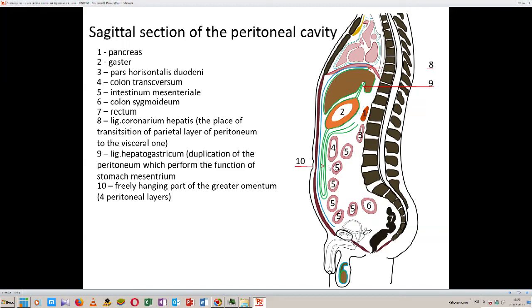And now, a very interesting situation. Can you distinguish?